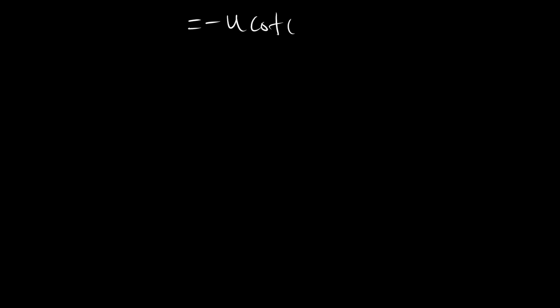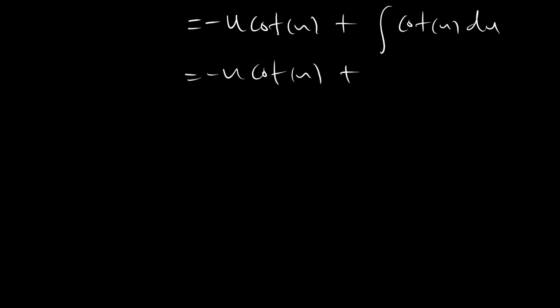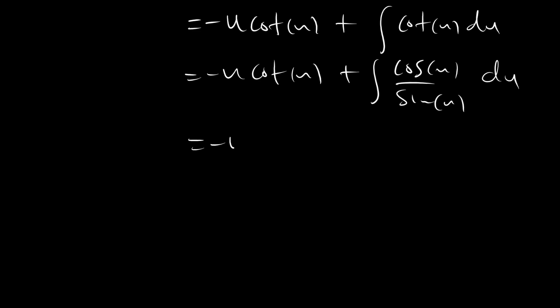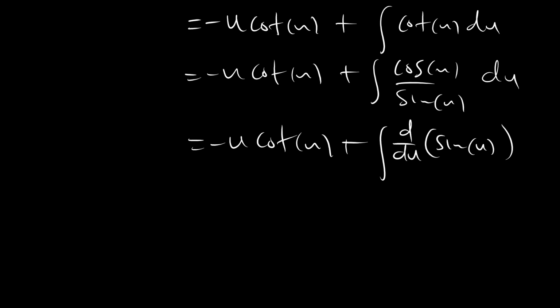Tangent of u plus the integral of cotangent of u, which is u cotangent of u plus the integral of cosine of u over sine of u, which is u cotangent of u plus the derivative of sine of u over sine of u.